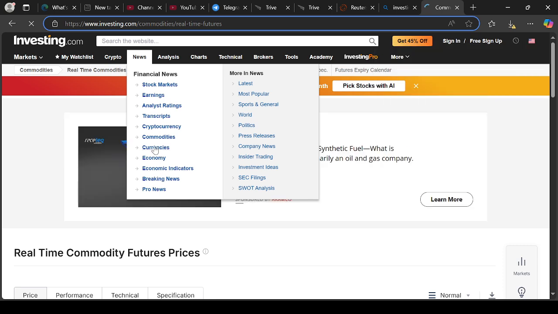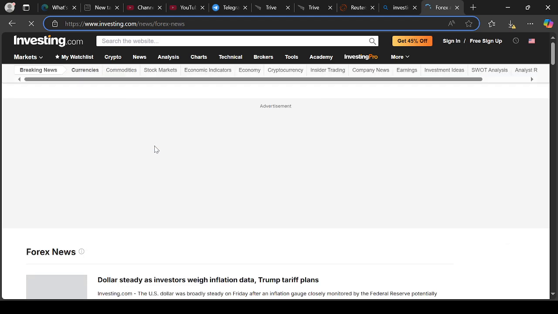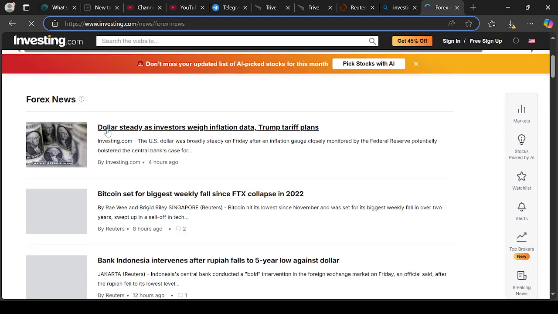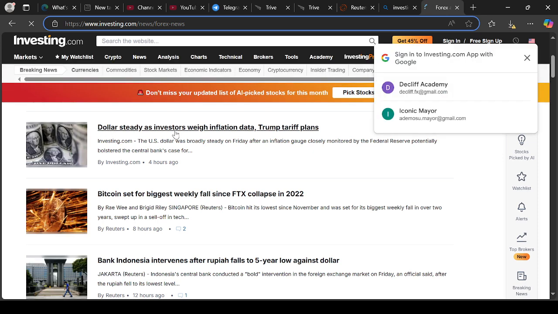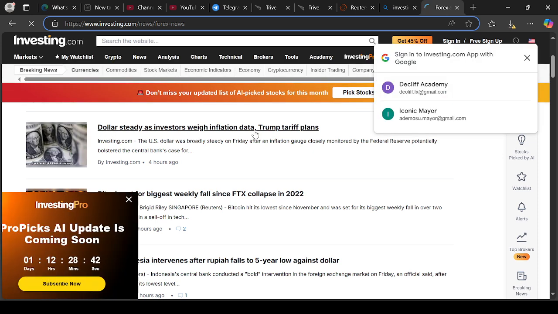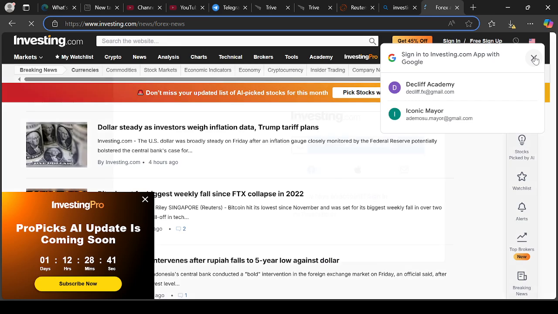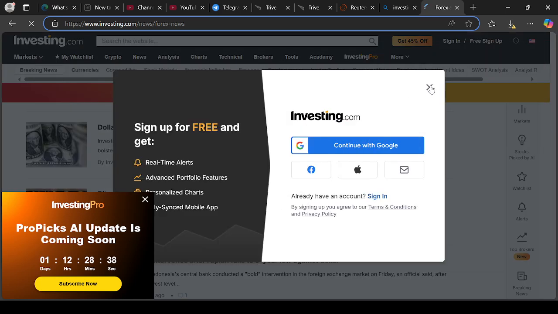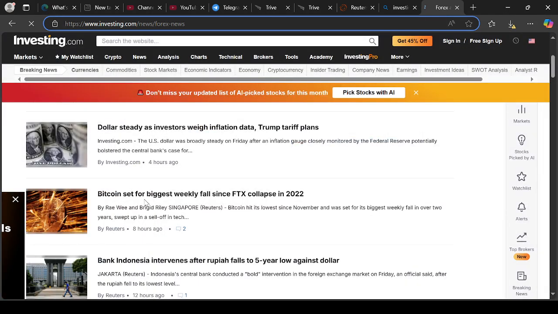Let's go to currency. You can see this is news on the dollar: dollar steadies as investors await inflation data. I'm not logging in now. Like now, this shows a sign that the dollar is getting stronger.